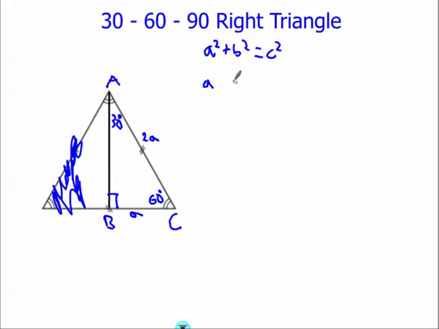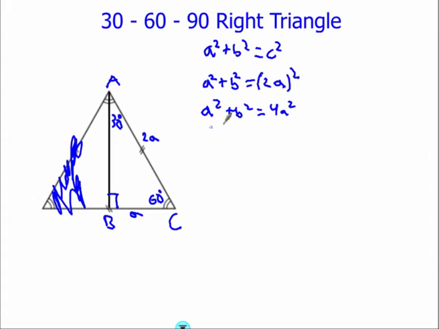B, we don't know b yet, let's just leave it as b. But c we know is equal to 2a, so it's 2a squared. If we square 2a, we end up with a squared plus b squared equals 4a squared. 2 squared is 4, a squared is a squared.